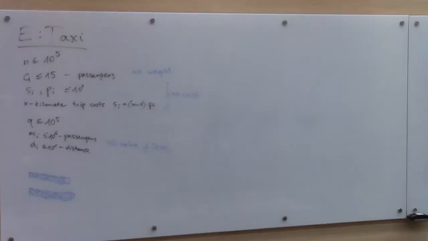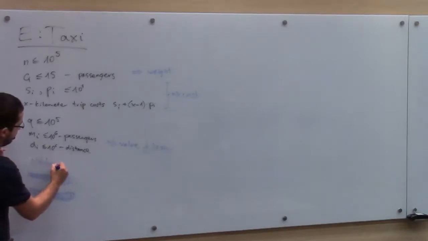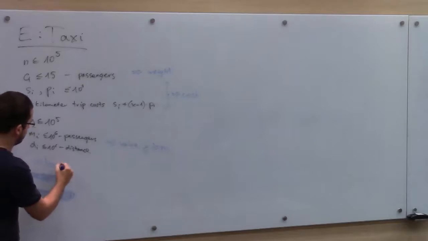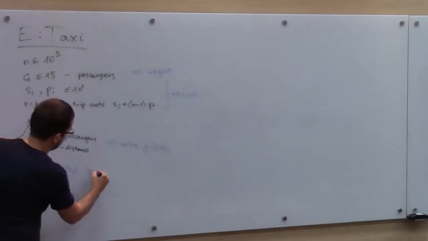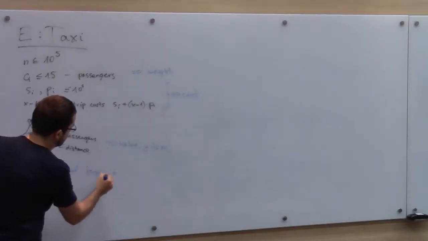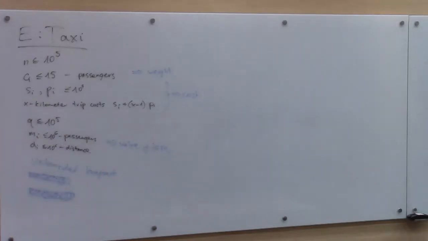We can ask ourselves whether all these cars are actually needed or not. Because we have one more assumption: we can use the same car as many times as we want. So this knapsack will be unbounded. So we have the unbounded version of our knapsack.